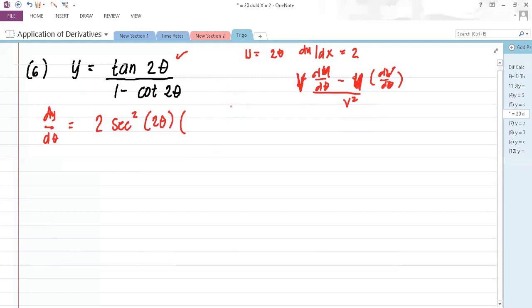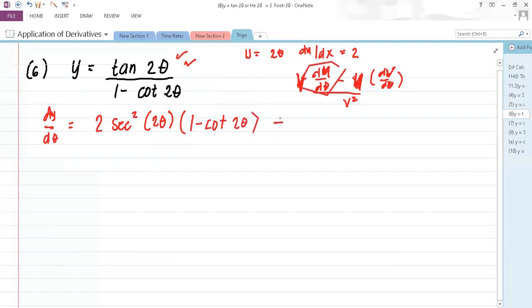Okay, so the derivative of numerator multiplied by the denominator minus the derivative of the denominator multiplied by the numerator over denominator squared. Okay? So, ganun. Yung sa quotient. So, derivative ng numerator, multiplied natin siya sa denominator, which is 1 minus cotangent of 2 theta. That is the first. Okay?